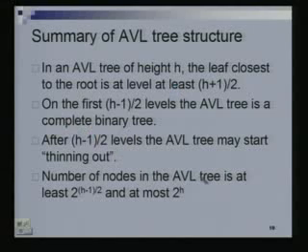So once again, if the number of nodes in the AVL tree is n, then since it's a complete binary tree on (h-1)/2 levels, it has at least 2 to the (h-1)/2 nodes and at most 2 to the h nodes, because that is the height of the tree. So this is a useful structural fact to keep in mind about AVL trees. Although we will not use it for any of our algorithms, it gives you some intuition of what the tree is and why this tree has only a logarithmic depth.